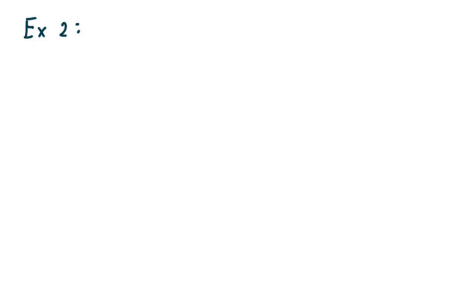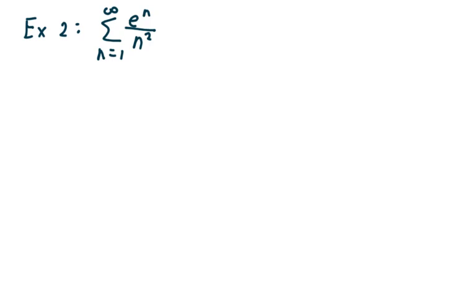Now, suppose we have the summation from n equals 1 to infinity of e to the n divided by n squared. Now, notice how the numerator is a power of n, but the denominator is not.